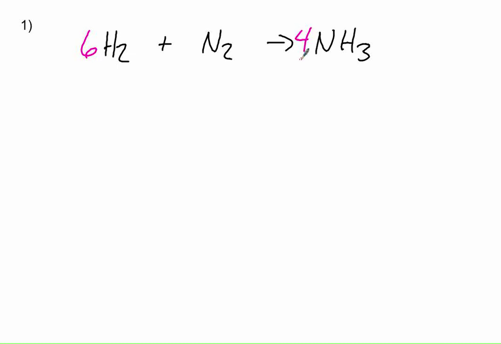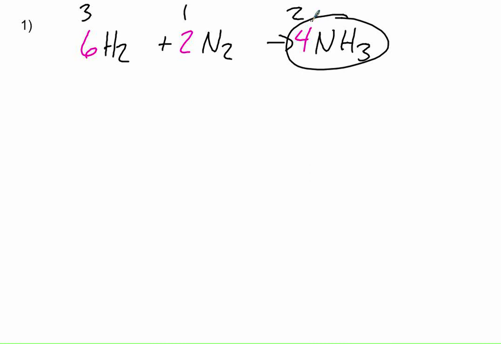So I need 4 of these ammonias on the right, which means I need 2 of the diatomic nitrogens. Now, again, if you balance this for real, it'd be a 3, 1, 2. But because you know you're supposed to start with 6 moles of hydrogen, you can actually shortcut and get your answer here. You're going to get 4 moles of ammonia as a result, right?